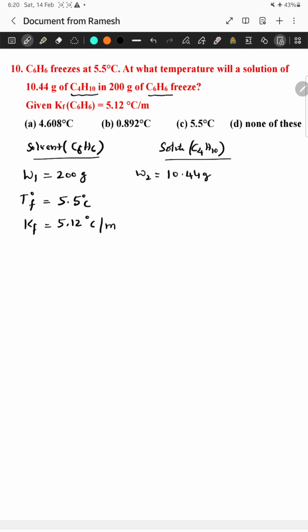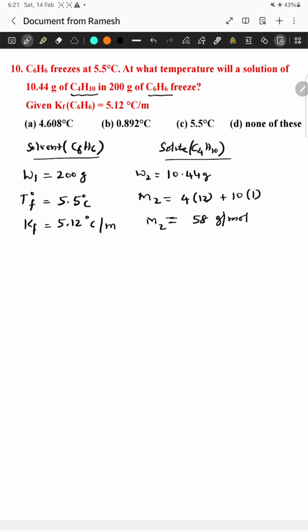On the other side, W2 of the solute is given. You can calculate the molar mass of solute M2 for C4H10, that is 4 times carbon 12 plus 10 times hydrogen atomic mass 1. So that will be 58 gram per mole, the molar mass of the solute.